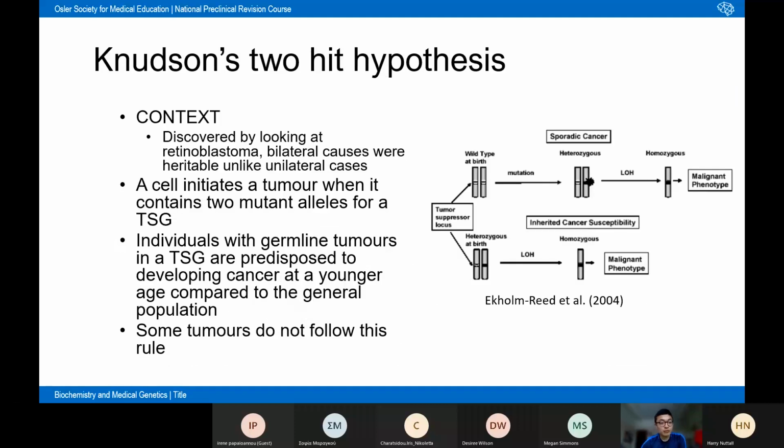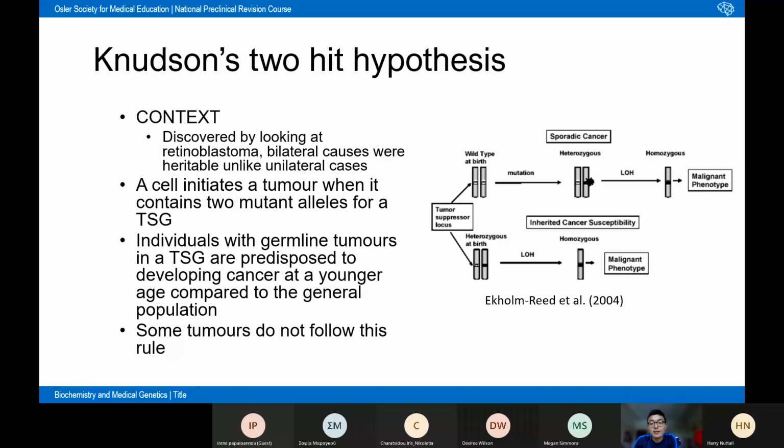So a fundamental principle in cancer biology is Knudson's two-hit hypothesis. This was discovered by Knudson by looking at retinoblastoma patients, and they noted that the age of onset of bilateral cases tended to be earlier, with differential onset of bilateral cases compared to unilateral cases.